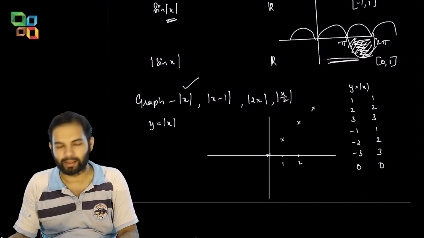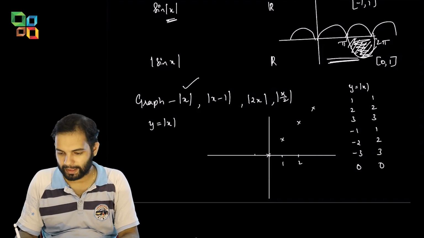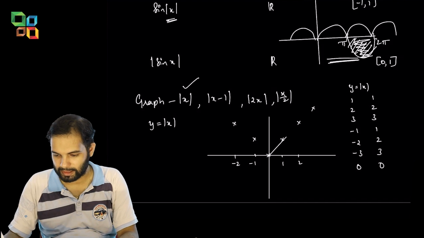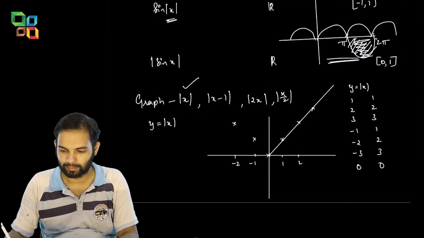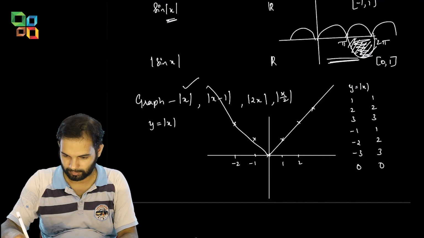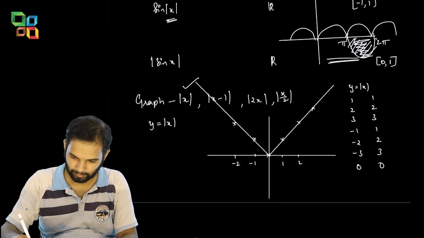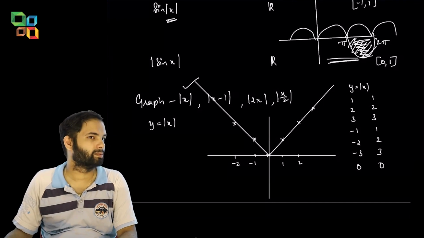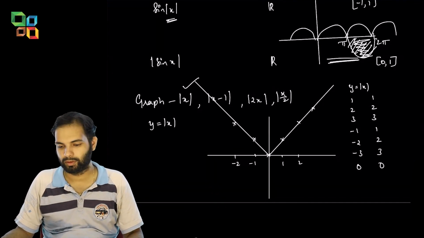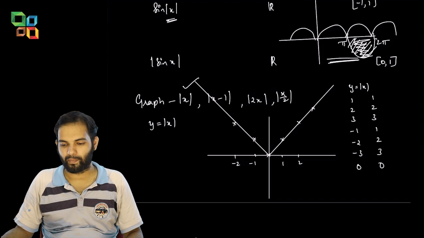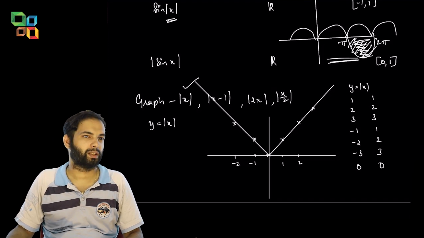When x is 3, y is 3. When x is -1, y is 1. When x is -2, y is 2. So you can see that we are going to get a straight line here and on this side, something like this.